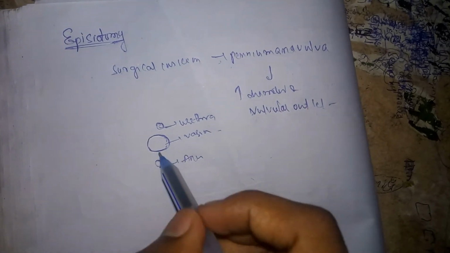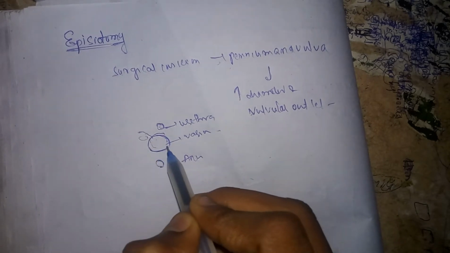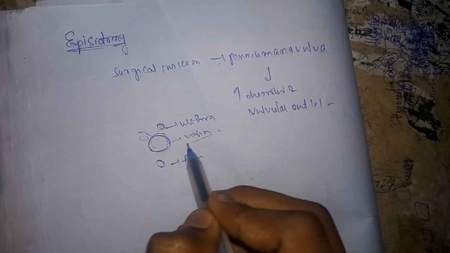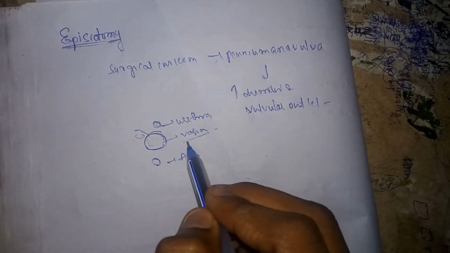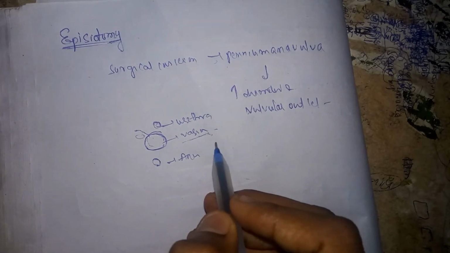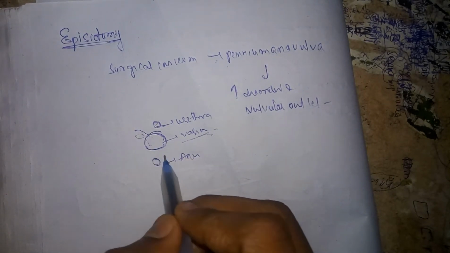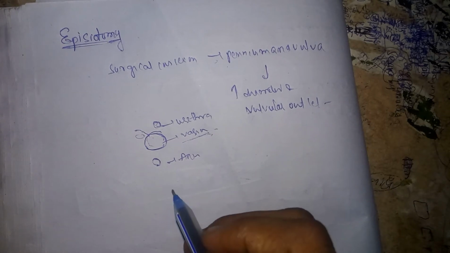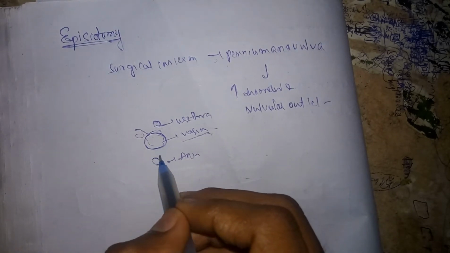During delivery, the baby will come out of the vagina. Sometimes the diameter of the vagina is not enough for the passage of the fetus, and in such a situation we have to increase this diameter so that the baby can come out easily.